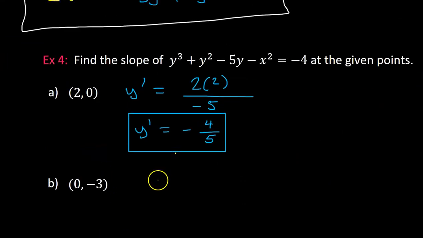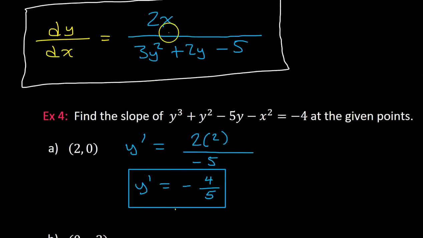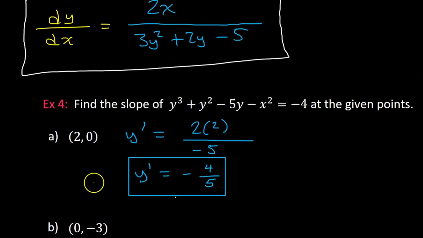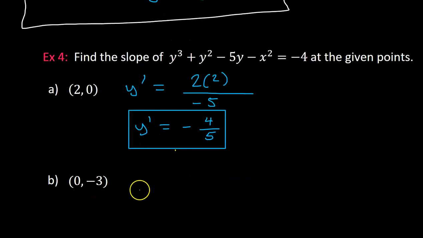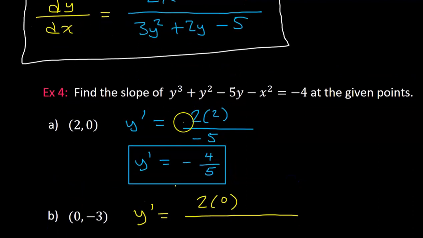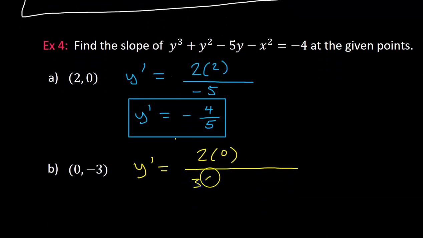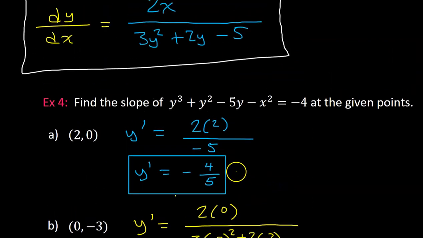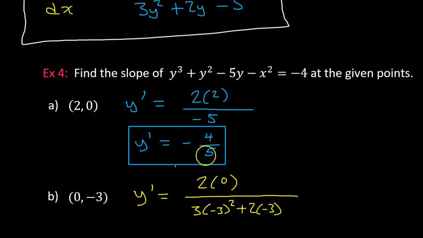Remember, the equation of the slope is the derivative, and x is 0. So that's going to give us y prime is equal to 2 times 0 over 3y squared plus 2y minus 5, so that's going to be 3 times -3 squared plus 2 times -3 minus 5.